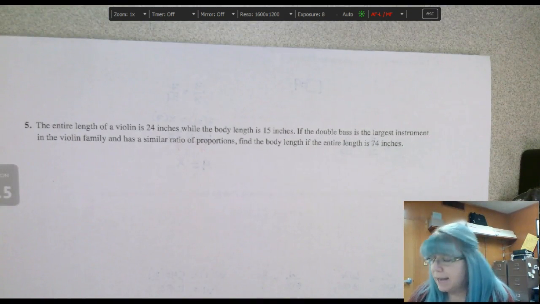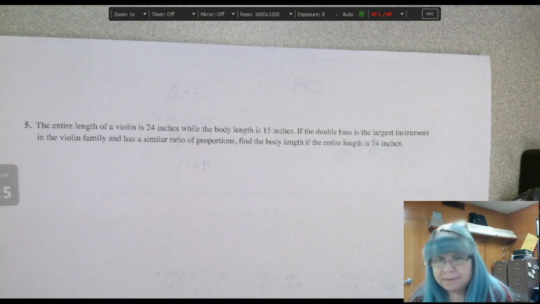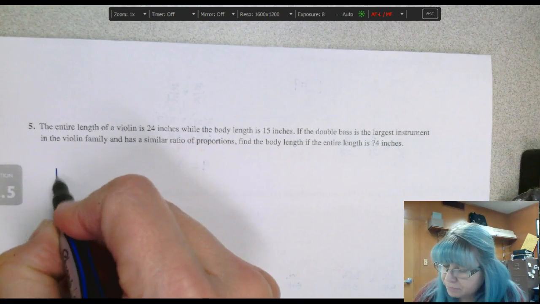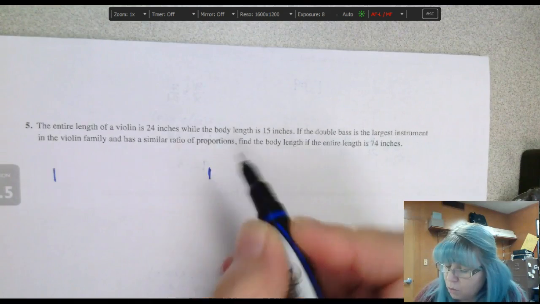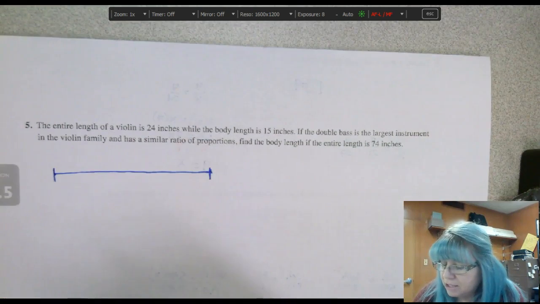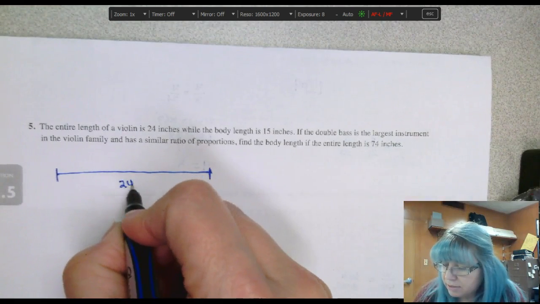All right, let's take an application problem. The entire length of a violin is 24 inches, while the body's length is 15 inches. Now, I can't draw a violin for the life of me, so I'm just going to say the whole length of the violin is 24 inches.